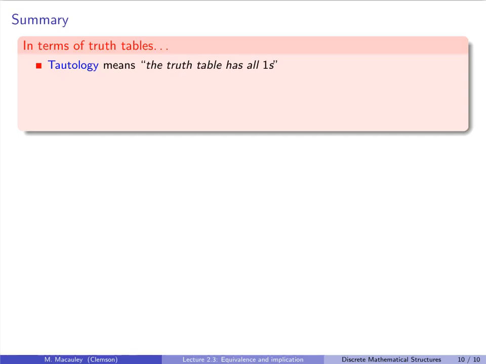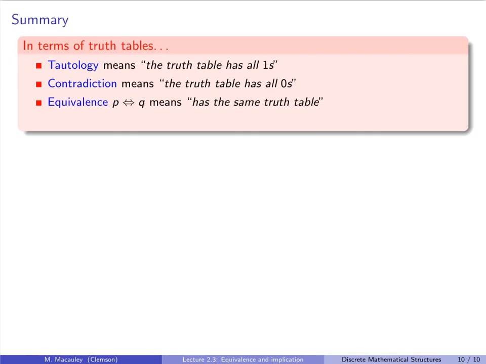Let's summarize what we've learned in this lecture so far. In terms of truth tables, tautology means the truth table has all ones. That's actually from the previous lecture. As is the following: contradiction means the truth table has all zeros. But now I want to tie this into equivalence. When I write P is equivalent to Q, that means P and Q have the same truth table.